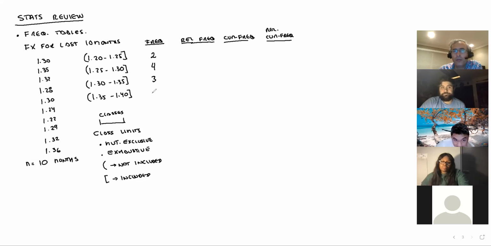And here? 1. One way of checking, guys, that you are including all the observations, remember, because we need to be exhaustive, is that the sum should be equal to the sample size. Agree?